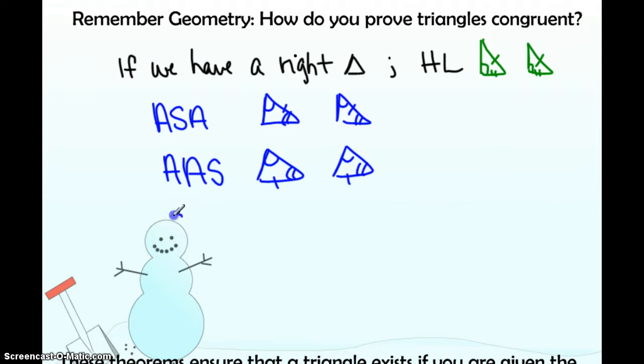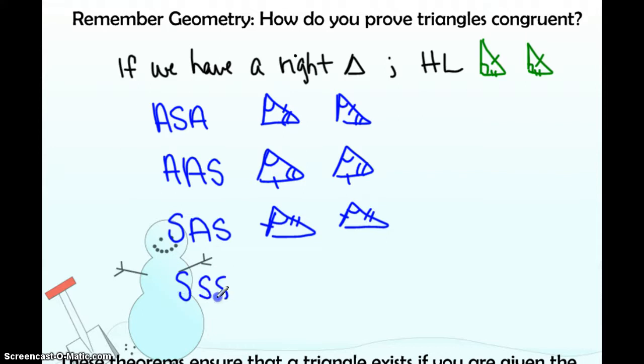We could have side angle side, so an included angle is congruent as opposed to the included side being congruent in the first example. Or we could have side, side, side. In geometry we found out that angle, angle, angle does not prove triangles are congruent, so we're really looking through one of this list.